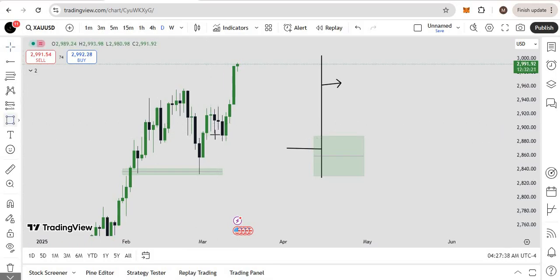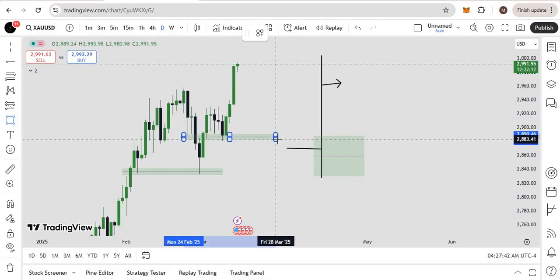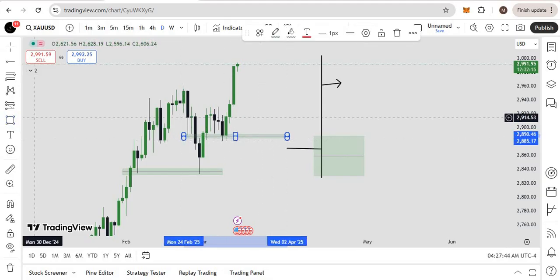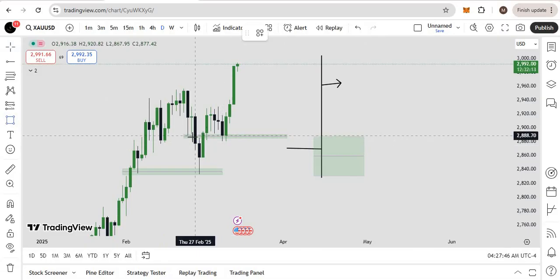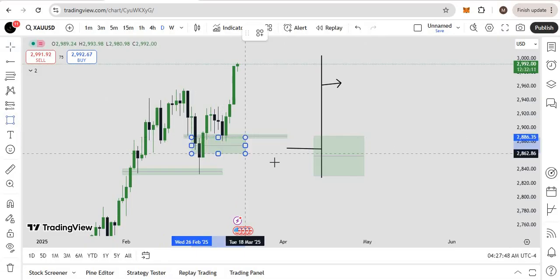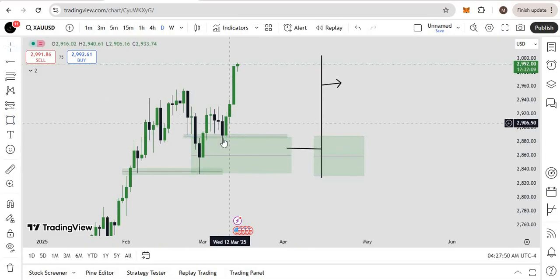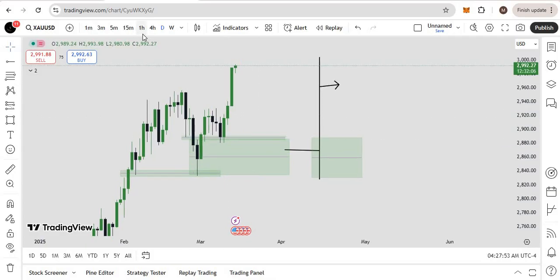Then price comes to your inversion fair value gap, with the order block, the higher point, and gives your reaction, right? After that you will start seeing the up moves directly, 1 2 3 like that.